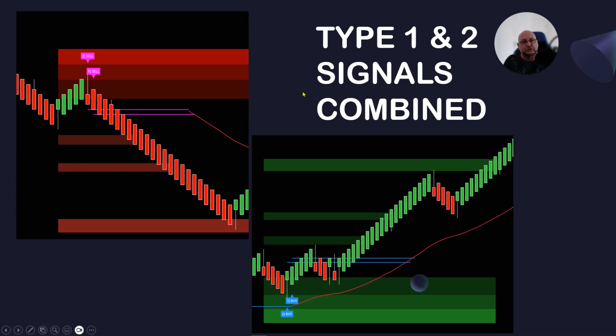The type 1 and 2 signals can combine for really strong potential trades. So in this situation here, you'll see the type 2 sell on one Unirenko brick, and then the next one is a type 1 sell. What's happened is that last green brick has gone into that channel, the next one has come out, and that has printed that type 2 trade.